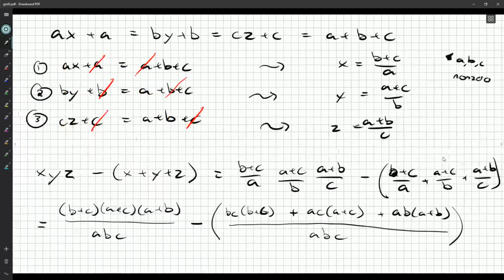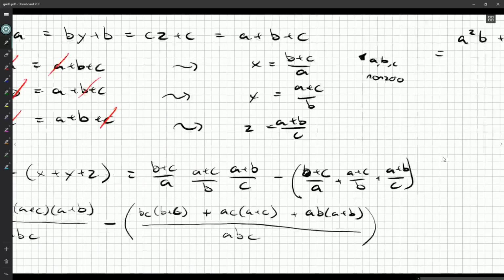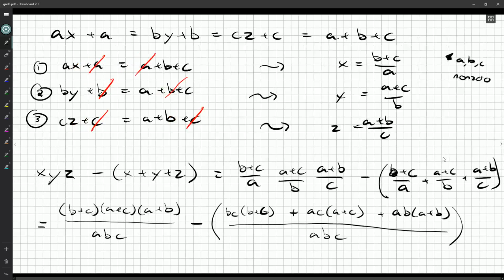Okay, so expanding out my product down for the first one, you're going to get a squared b, a b squared, a squared c, a c squared. I can get these, right? So, yes.